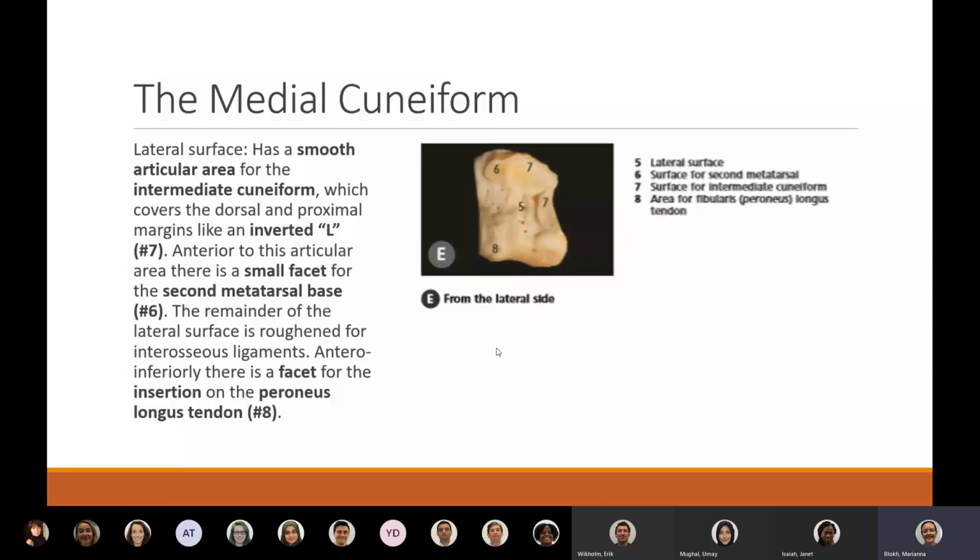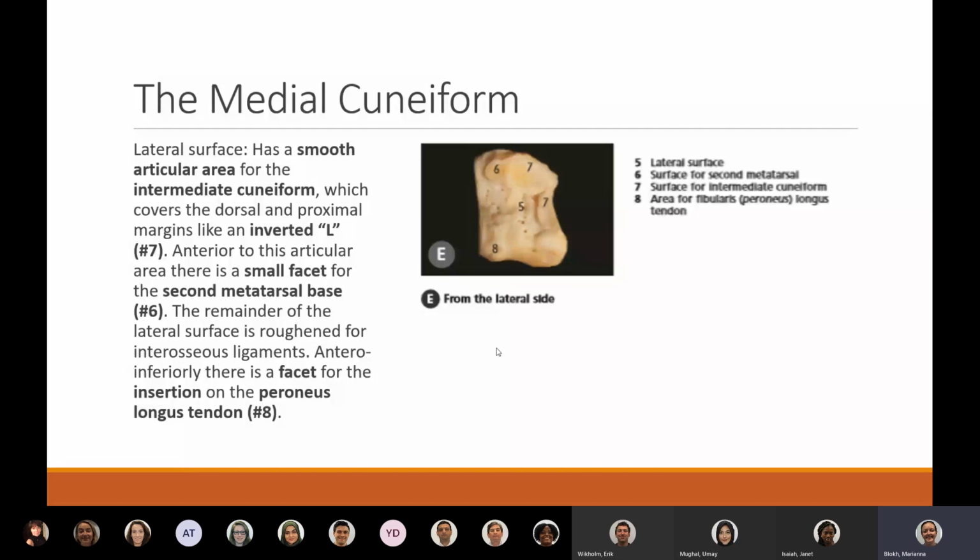Okay. The medial cuneiform has a lot of facets between the medial side and the lateral side, where it articulates with the medial cuneiform and the lateral cuneiform. Sorry, I was talking about the middle cuneiform.